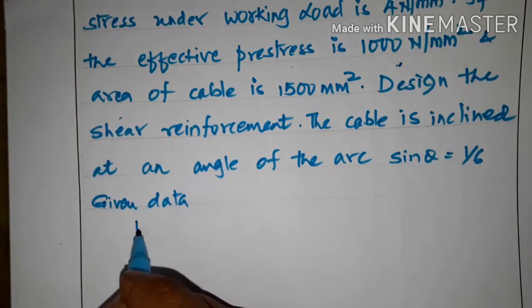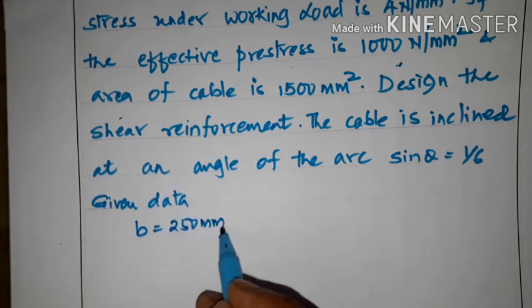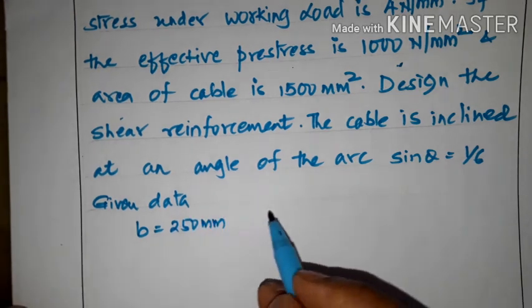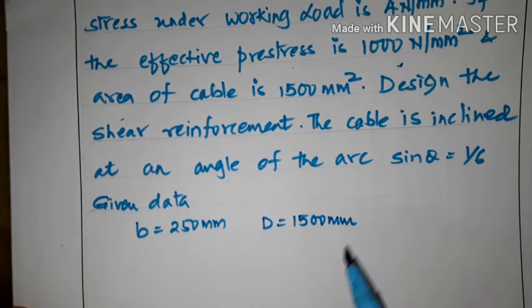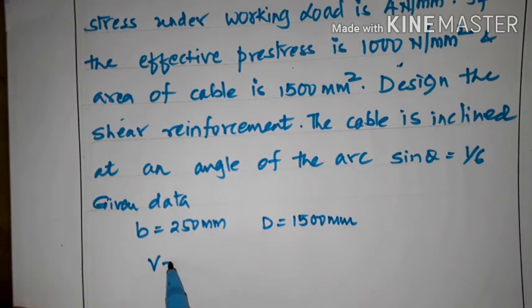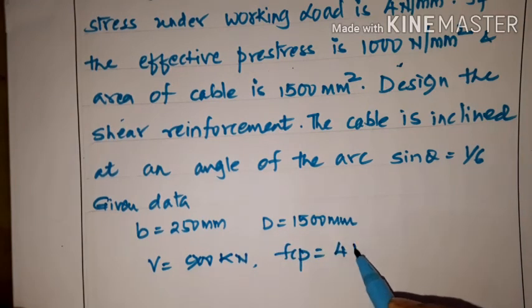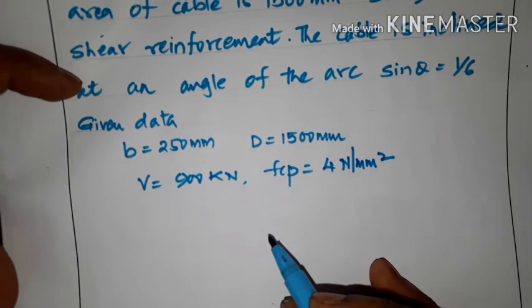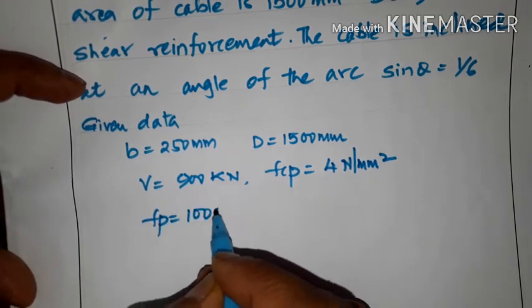The size B is given as 250 mm, then D is 1500 mm, then the shear force V is 900 kilonewton, FCP is 4 Newton per mm square, and next FP, the effective pre-stress, is 1000 Newton per mm square.